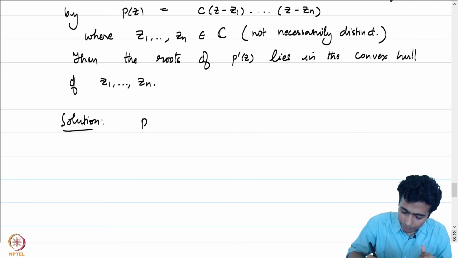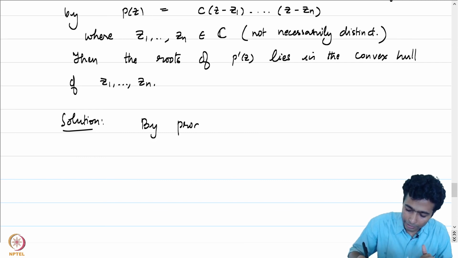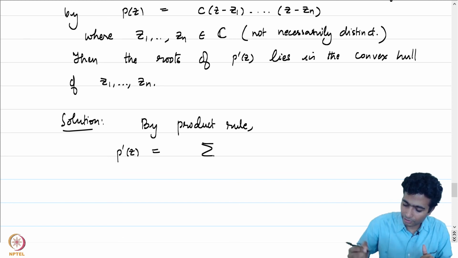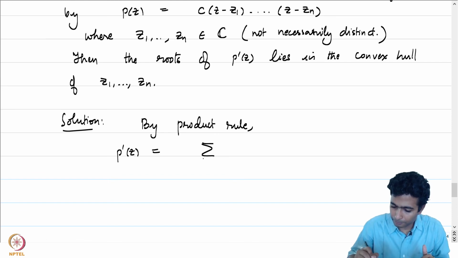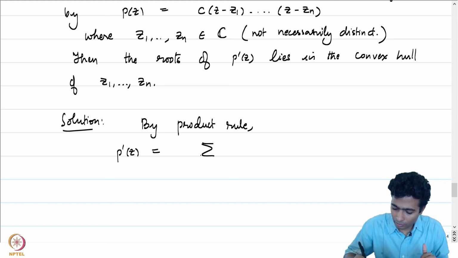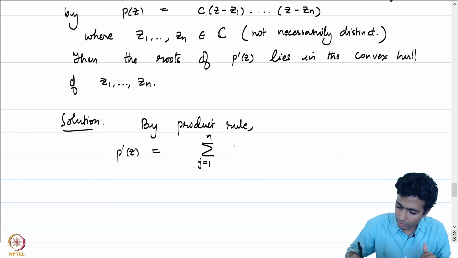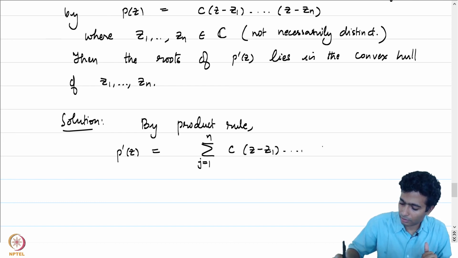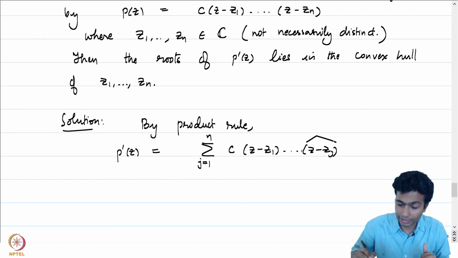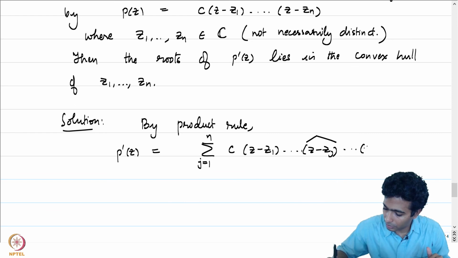By the product rule, P prime of z is given by the summation, j equal to 1 to n, of c times (z - z1) up to (z - zj), with a hat here to denote that it has been removed, up to (z - zn).